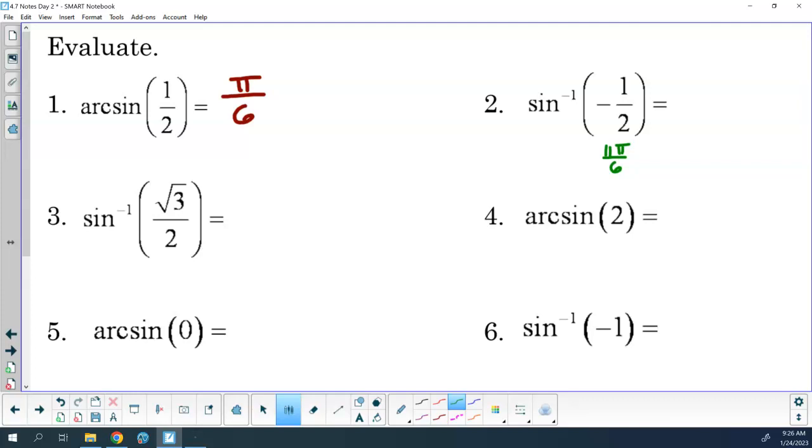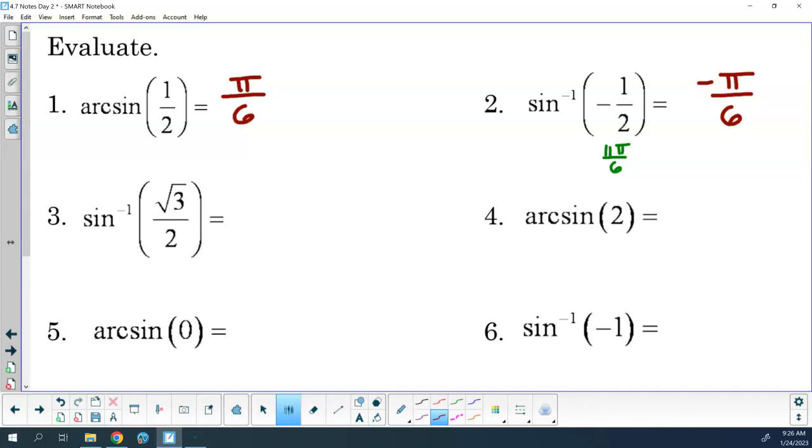So then we tweaked that, and we said that this was negative pi over 6, because the angle of negative pi over 6 is the same as 11 pi over 6. But it fits within our output possibilities of the arc sine. Okay? So that's a refresher from Friday.